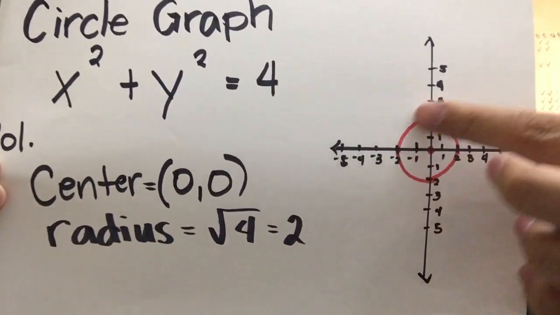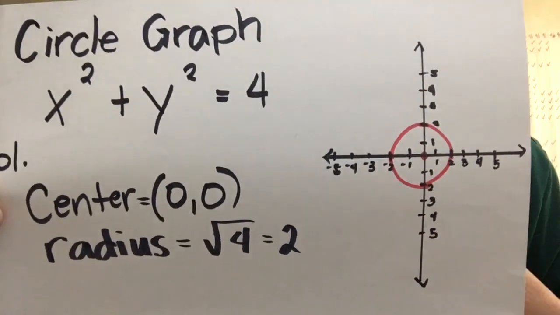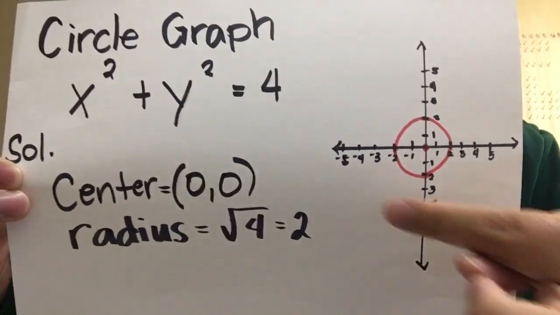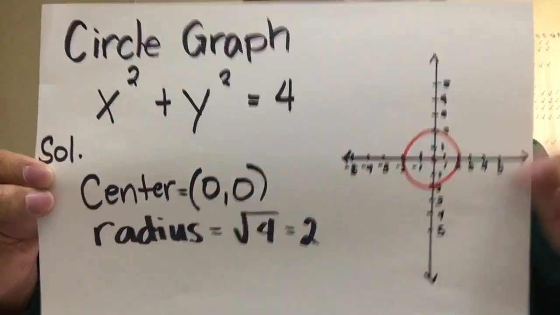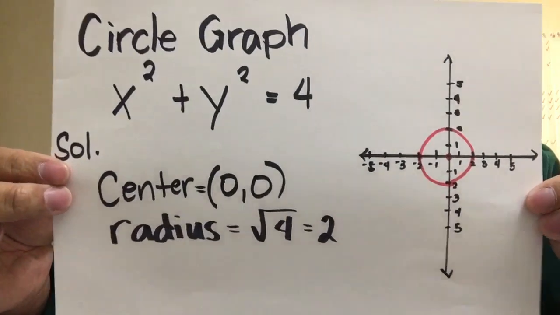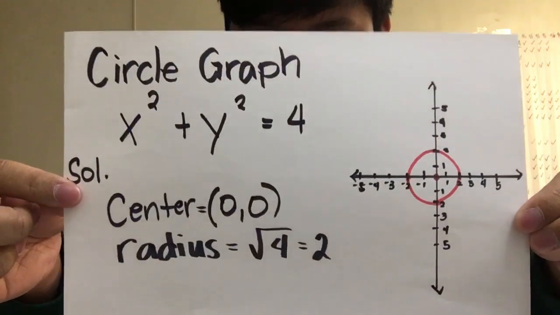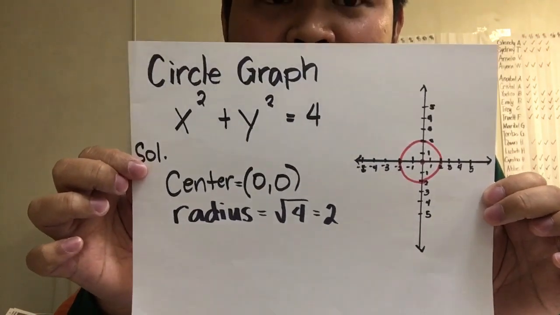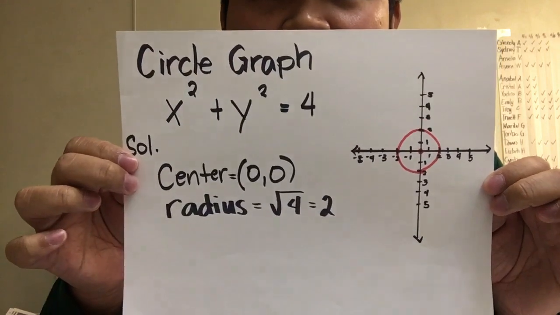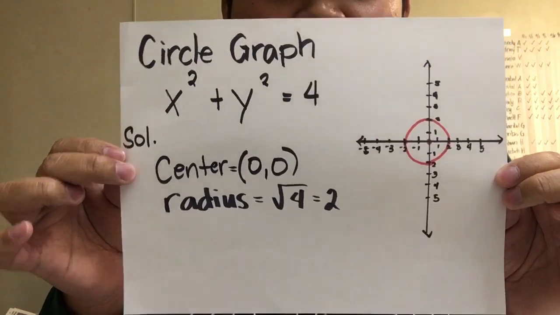And then you draw your circle. I don't have a compass, that's why my circle is not perfect. But if you have, you use your compass. That would be great. This is very self-explanatory, so I hope everyone understands this one because it's so simple.